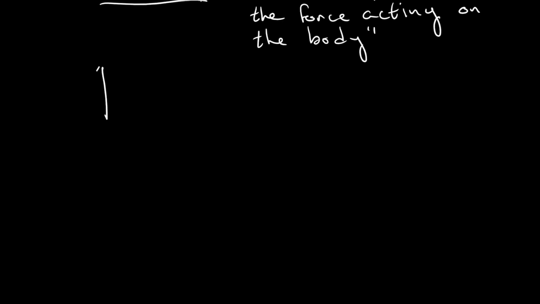So I have some wall here, and I have some spring attached to an object which has some mass m, and we'll say right here is where the spring is completely relaxed, not compressed, not extended, that's where it wants to sit.